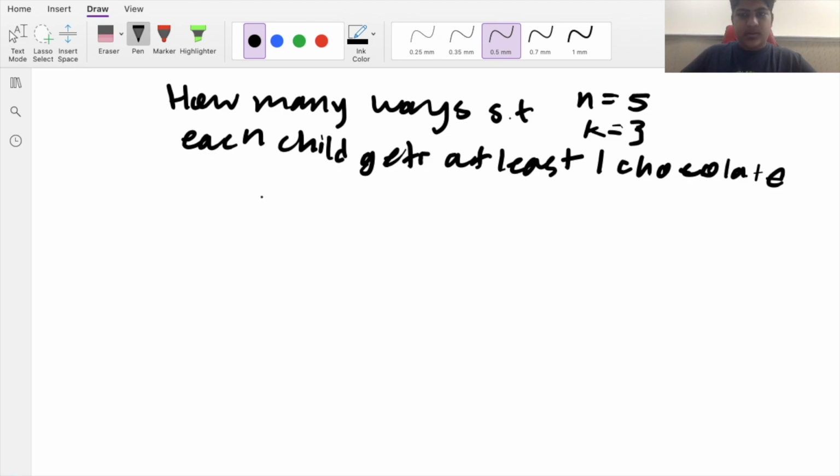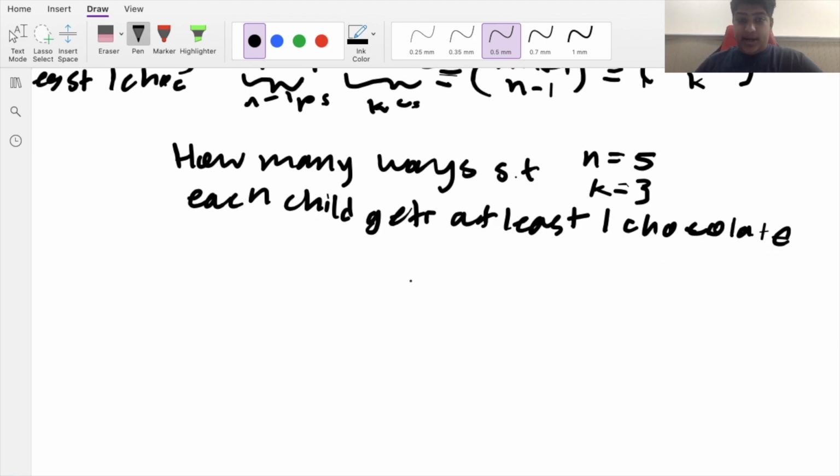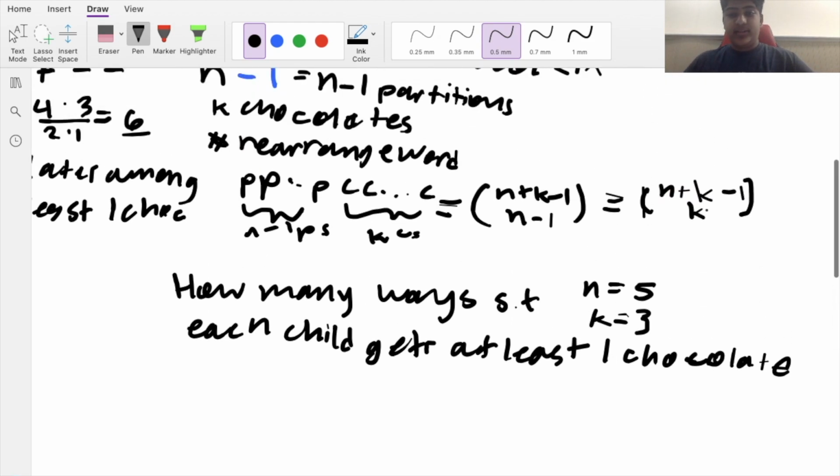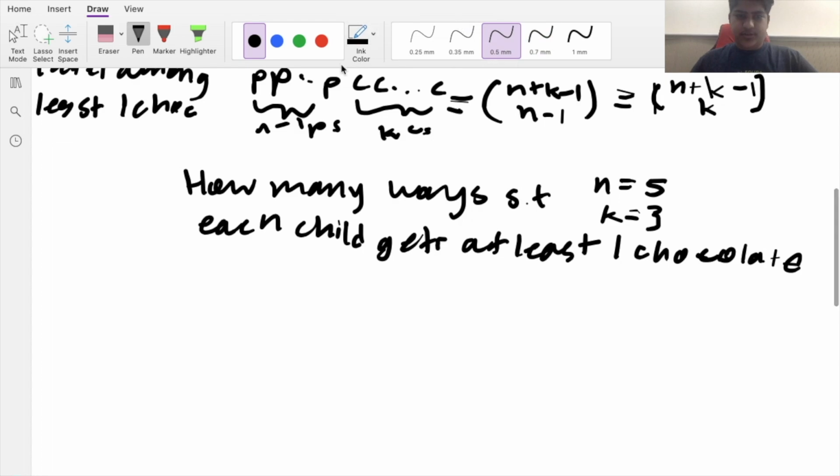So we first think of using our formula from before right here. However, this formula wouldn't actually work because each child gets at least one chocolate, whereas this formula over here assumes that each child can have no chocolates. So how do we resolve this issue? Well, since we know that there's 5 children, we can just write them out. Actually, wait.